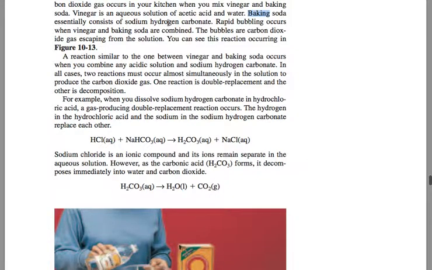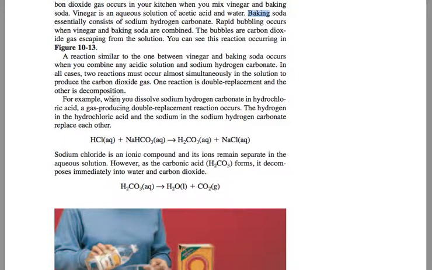Baking soda is sodium hydrogen carbonate. You can mix it with any acid and get a similar reaction. In all cases, two reactions must occur almost simultaneously in the solution to produce the carbon dioxide gas. One reaction is double replacement and the other is decomposition.